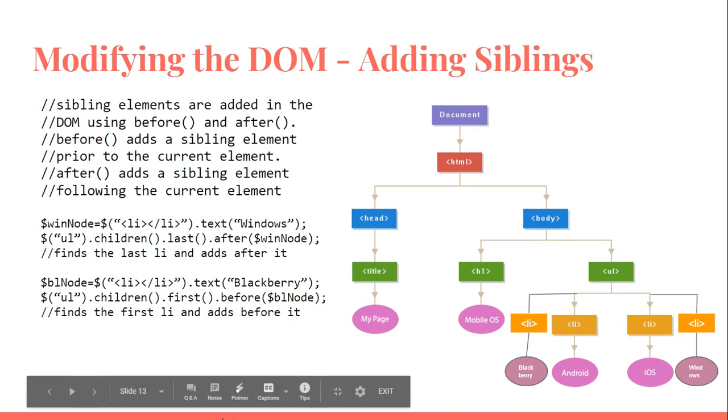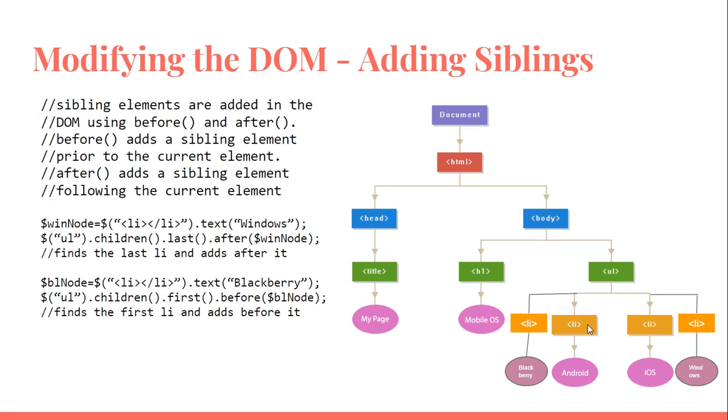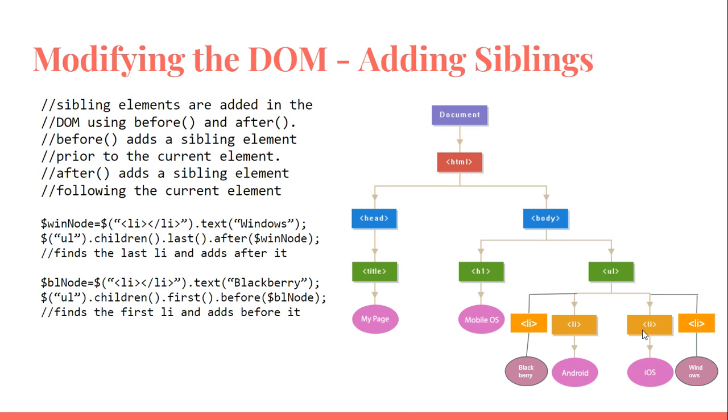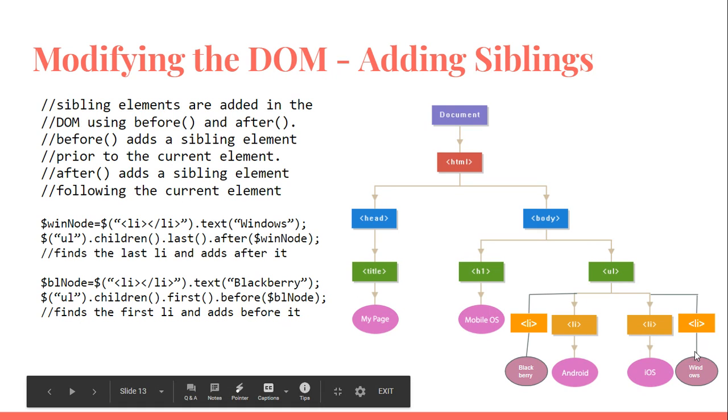So creating the same kind of situation, I create my win node and I go to the UL and I find its children and I find its last child and I do dot after and I add that win node. And so that's adding this. It finds the last LI and adds a sibling after it. Similarly, if I go in and I find the children and I find the first one and I do dot before, now I'm adding a sibling prior to that.